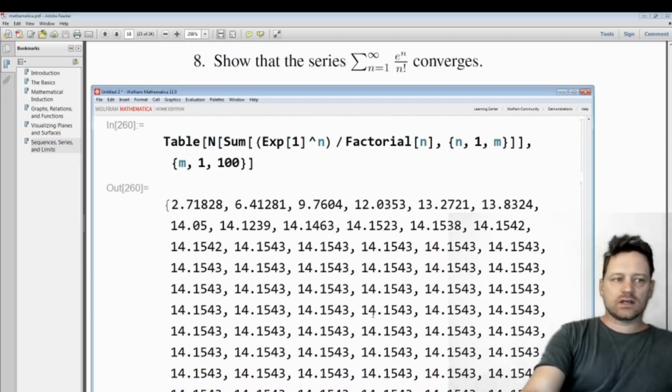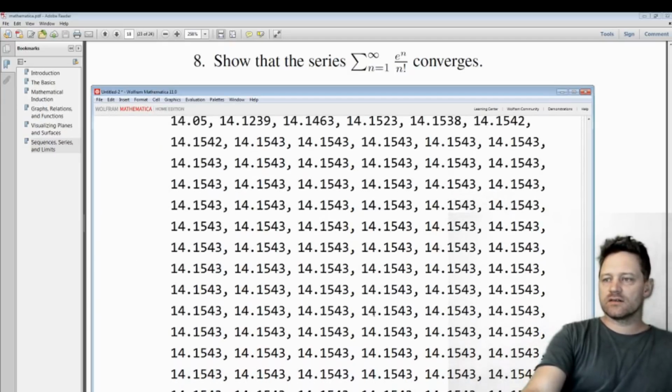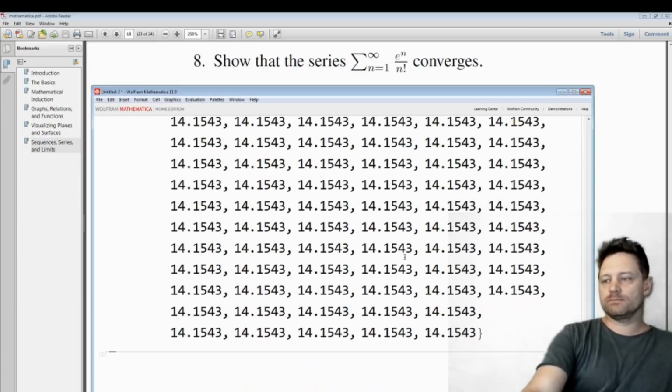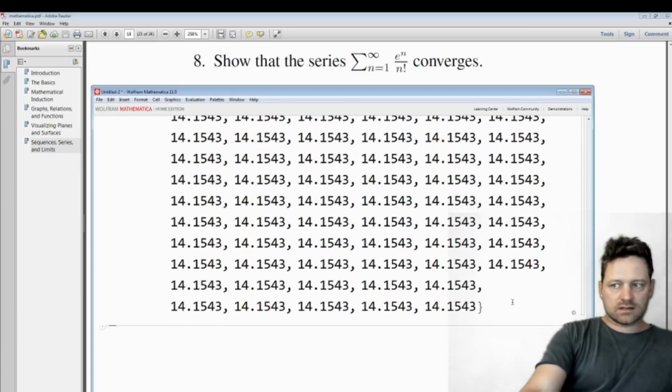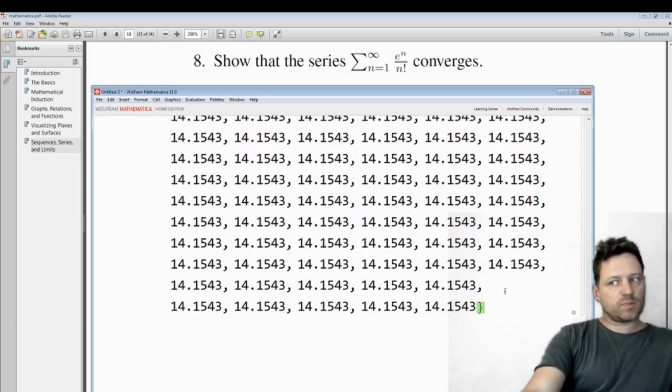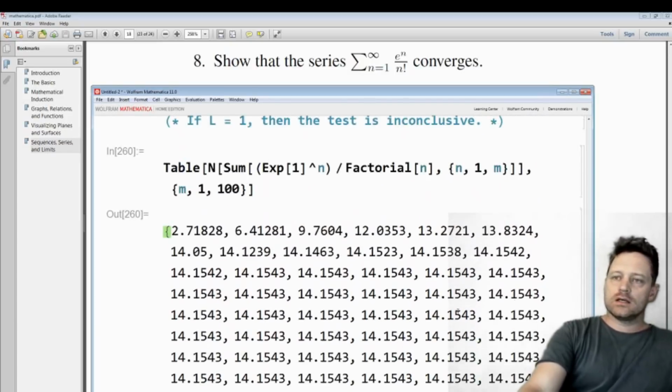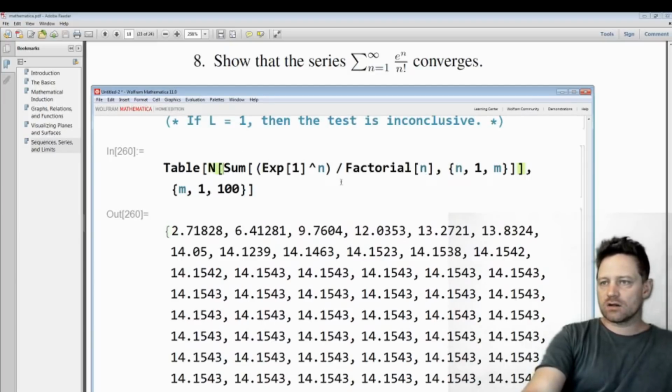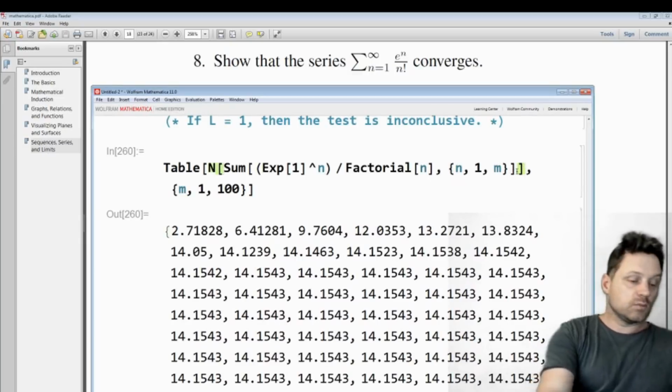And well, look at this. It looks as though these are converging to 14.1543. That's a good sign that it's possibly true that this series is converging. So let's have a closer look by taking this numerical approximation to more decimal places.